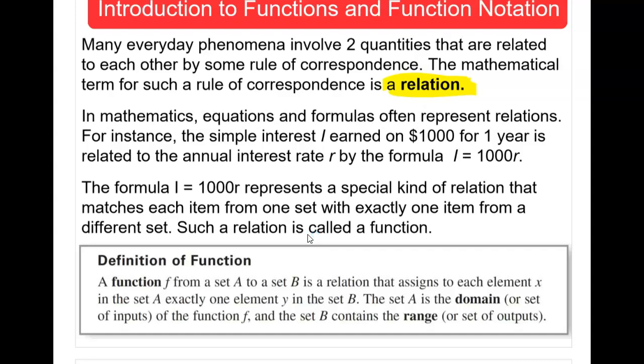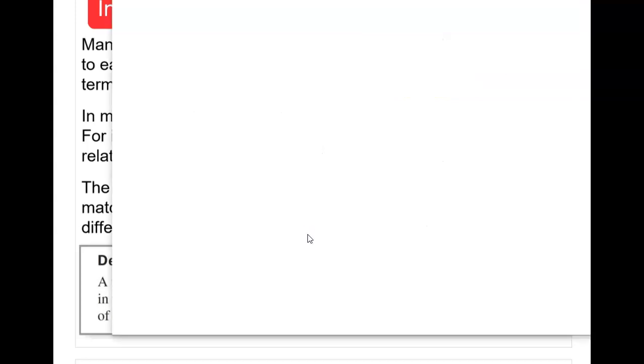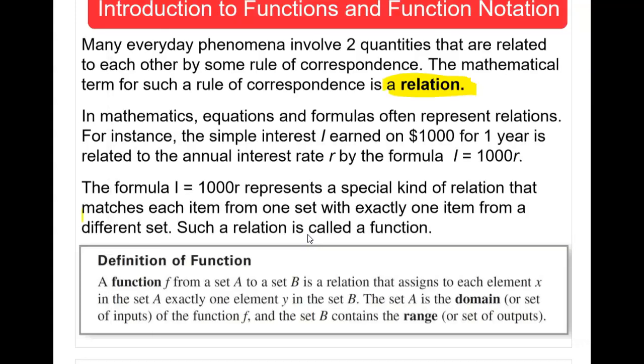So there are several things that could be explained as a relation. And in mathematics, equations are what we use, like the ones we used in the previous section 1.3 with linear equations. So the equations and formulas often represent relations.